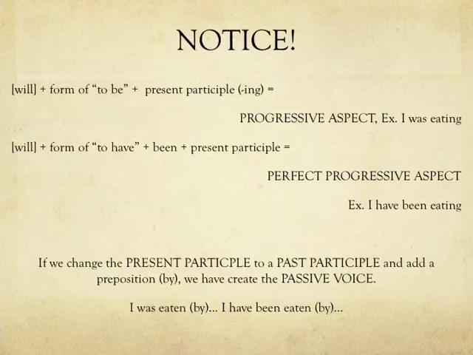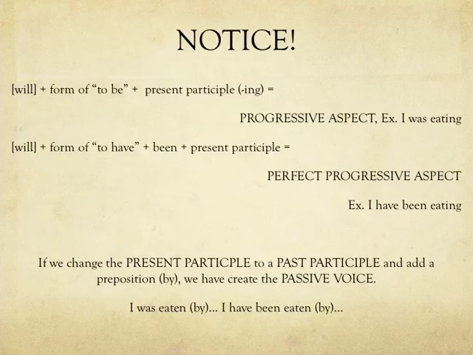The cool thing is, the only thing we need to know to recognize the passive is we need to understand what happens, as I said, when we change a present participle to a past participle when we're talking about aspect. In a sense, the passive is kind of a mutant aspect, if you will.